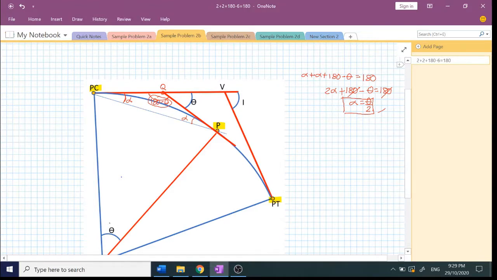This theta is the angle subtended by the same arc or the same line, the line joining PC and the P. And so we can say here that the line joining PC and P will be making an angle with respect to the tangent equal to 1/2 of the subtended angle of the same line that is joining PC and the P. So yun yung ating magiging konsepto na gagamitin sa ating problem.